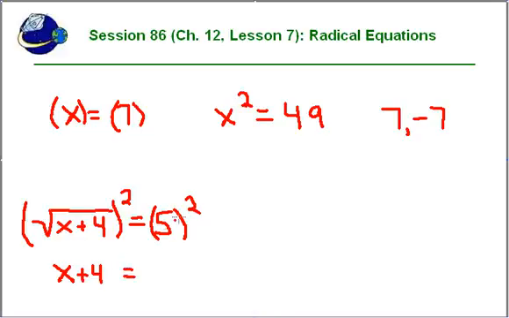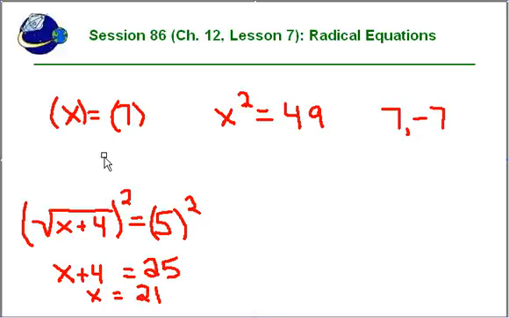And that's going to equal 5 squared, which is 25. Now we can solve for x. We subtract 4 from both sides. That leaves us with an x on the left side, and 25 minus 4 leaves us 21 on the right-hand side. So we get an answer here of x equaling 21.